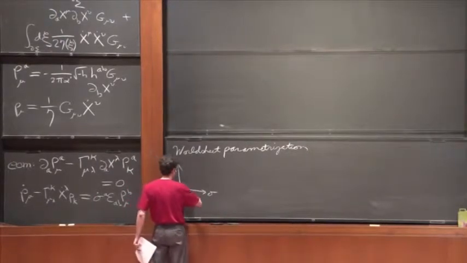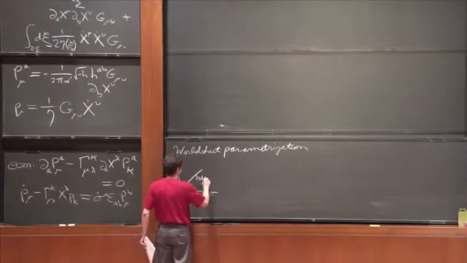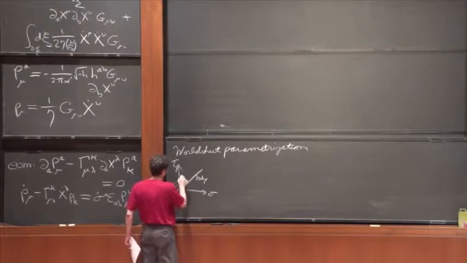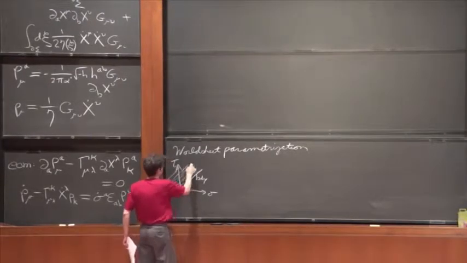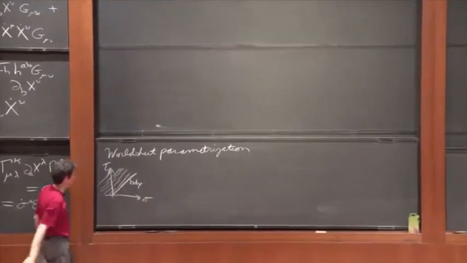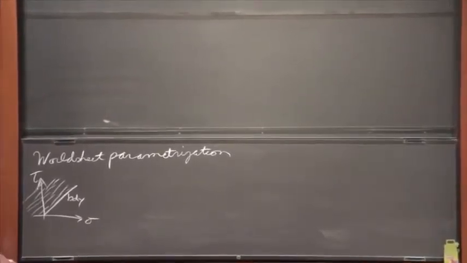So for instance, we could say that this is the boundary of how we parameterize the string worldsheet, and so the string worldsheet is over here, or the domain of parameterization is over here, and this part of tau sigma space is just not part of our allowed parameterization.